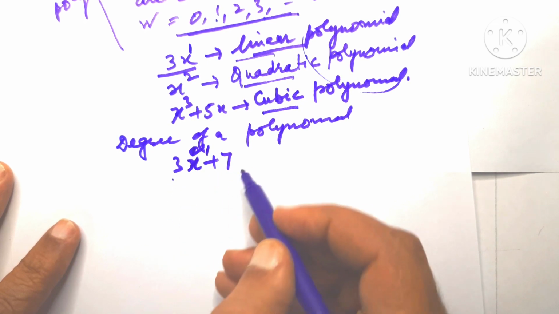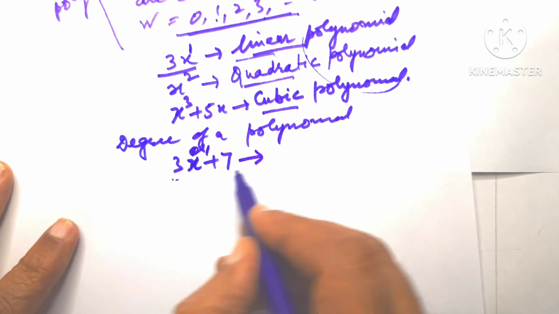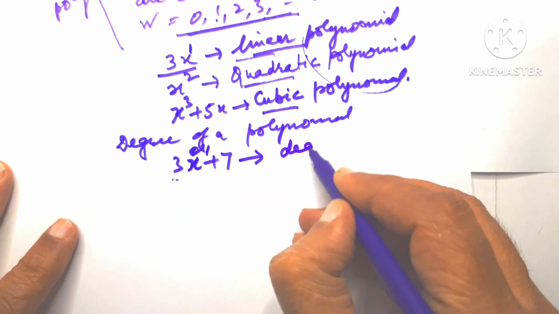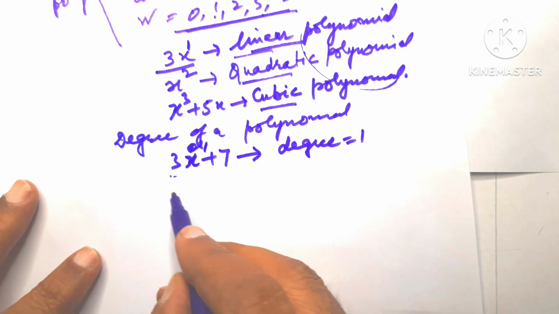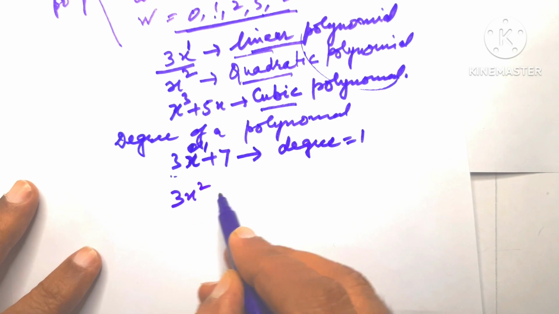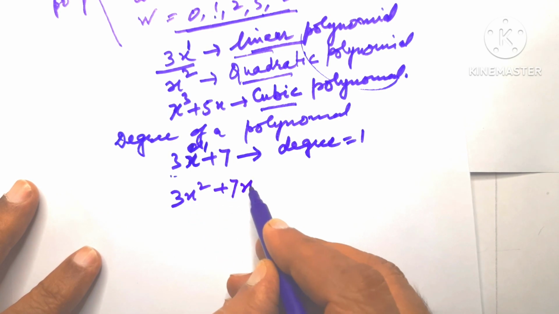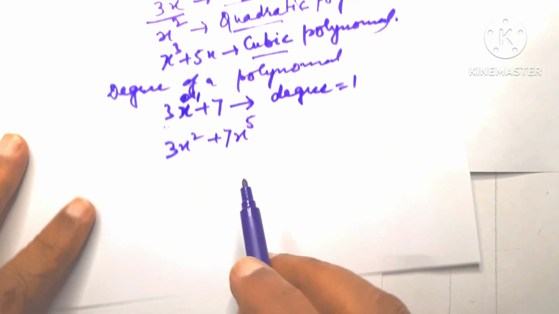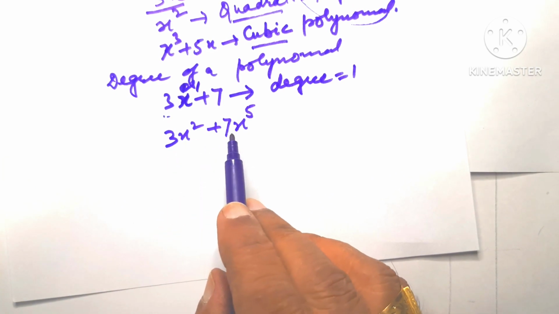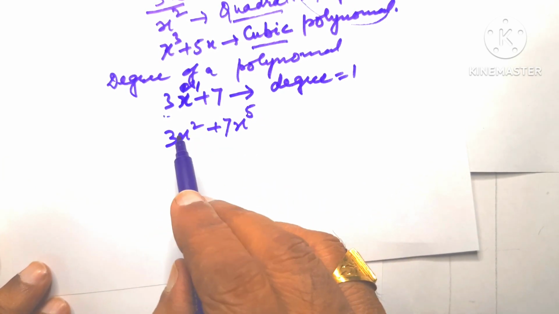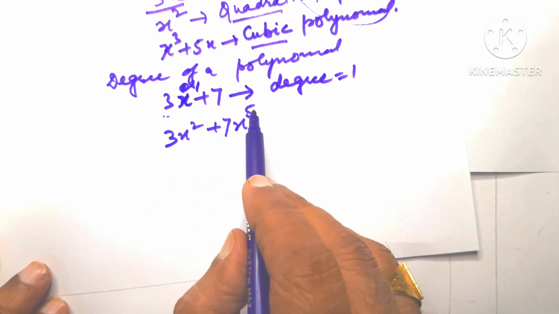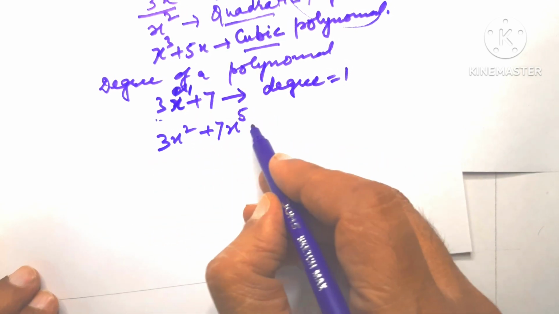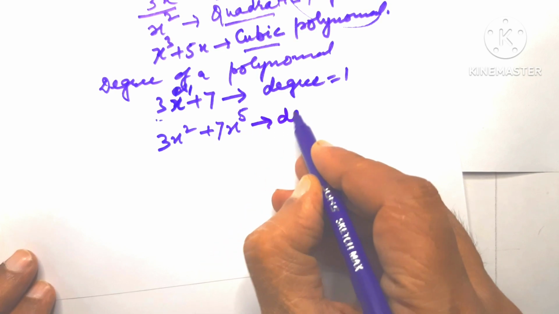So we say the degree of this polynomial is 1. Suppose I am writing 3x square plus 7x to the power 5. These are polynomials, and the maximum power out of all the terms is 5. So the degree of this polynomial is 5.